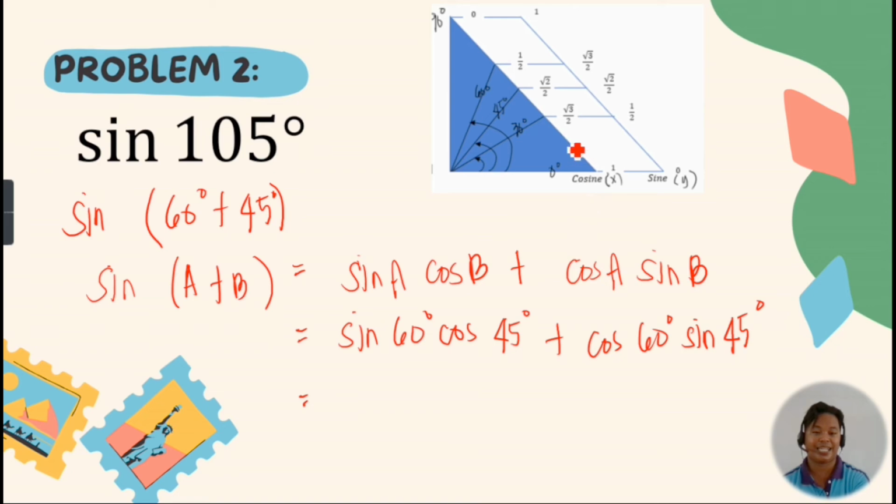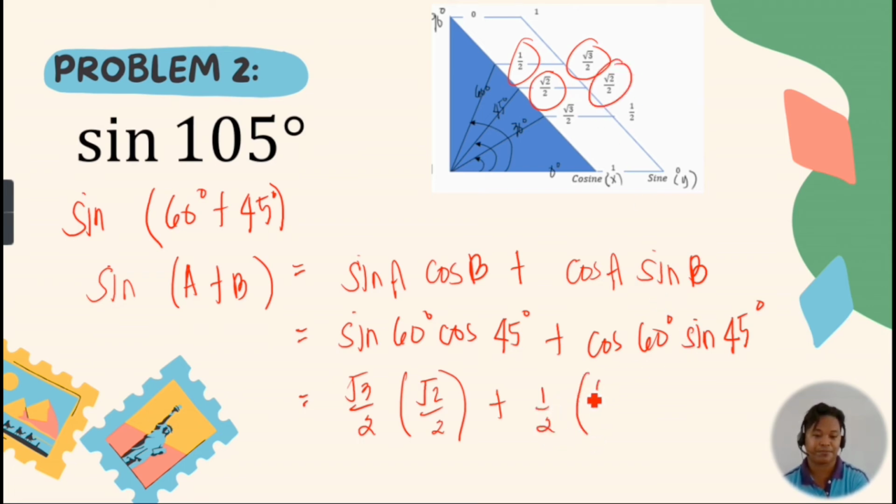So sine 60 degrees is square root of 3 over 2. Cosine 45 is square root of 2 over 2 plus cosine 60 is 1 half. Sine 45 is square root of 2 over 2.